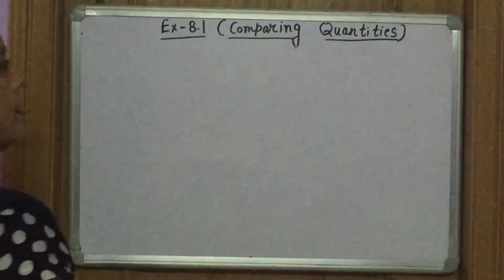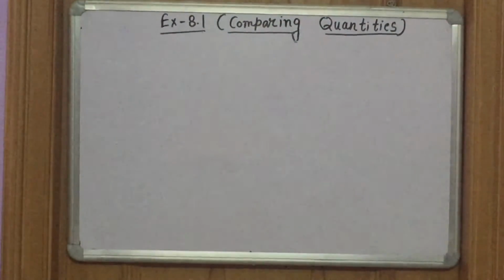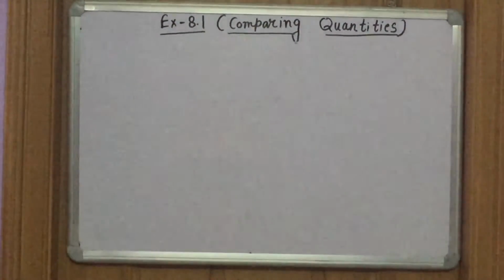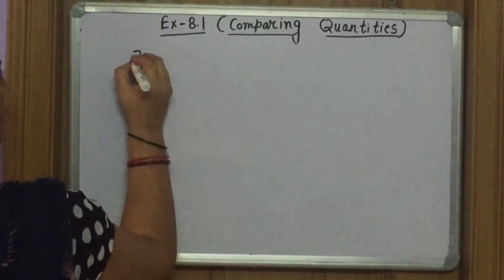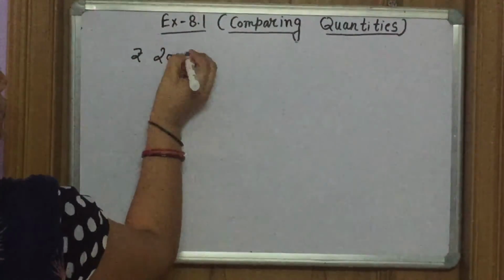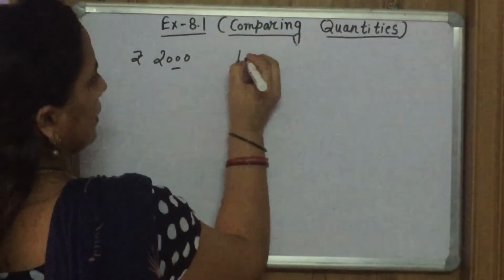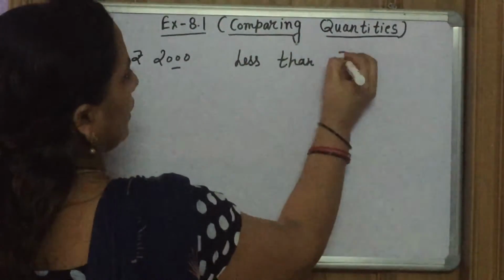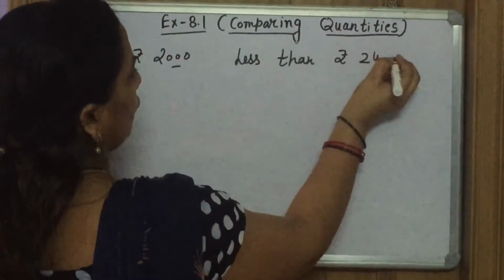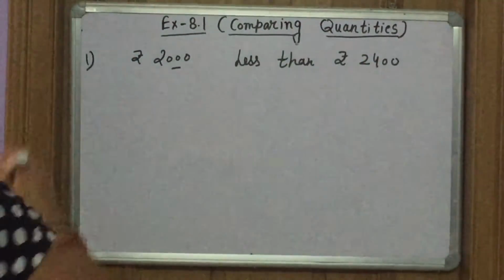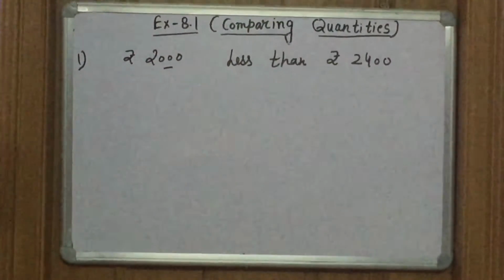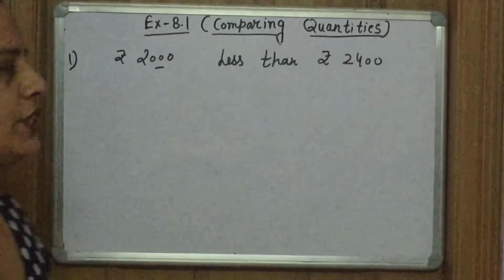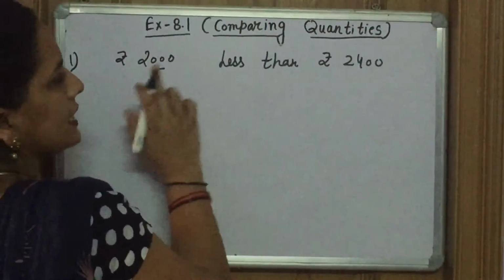First question is, you have to find out by what percentage rupees 2000 is less than rupees 2400. This is our first question.